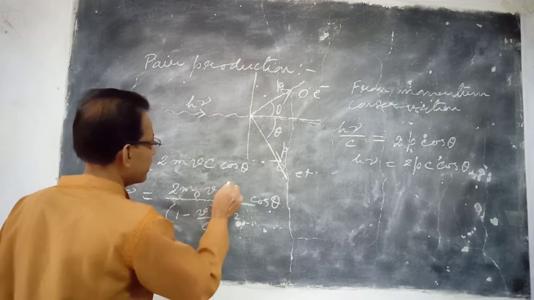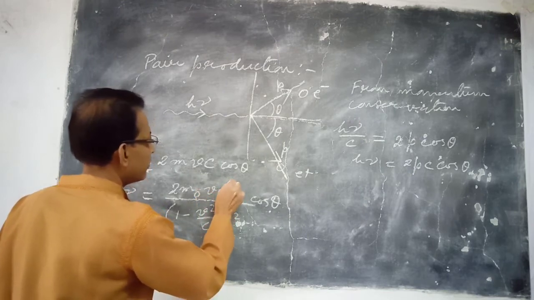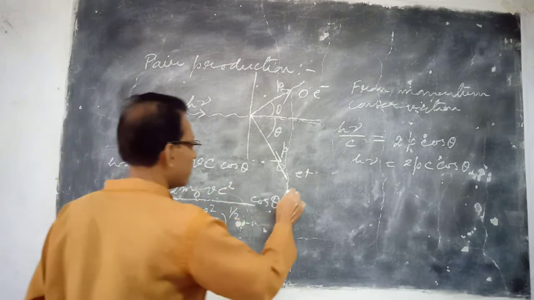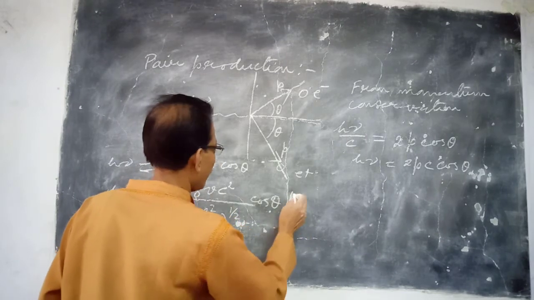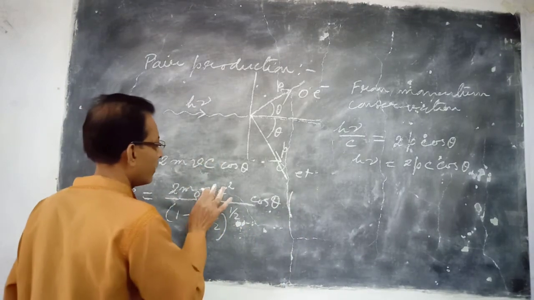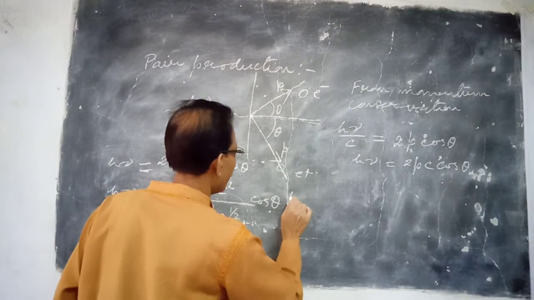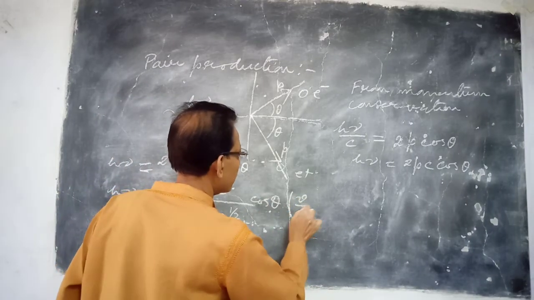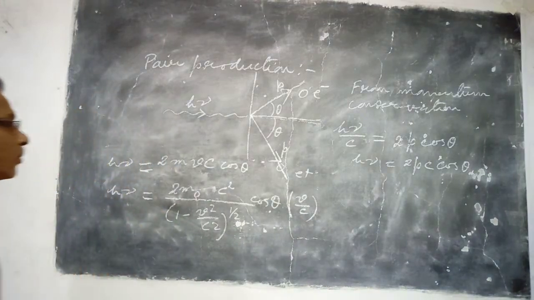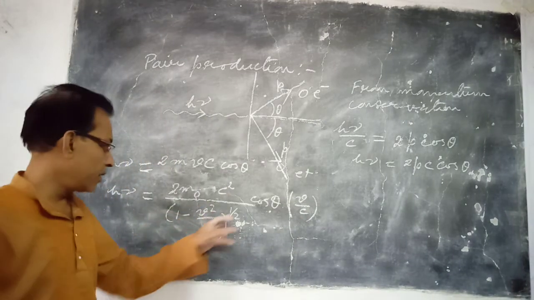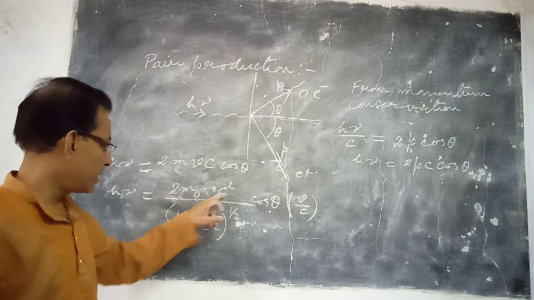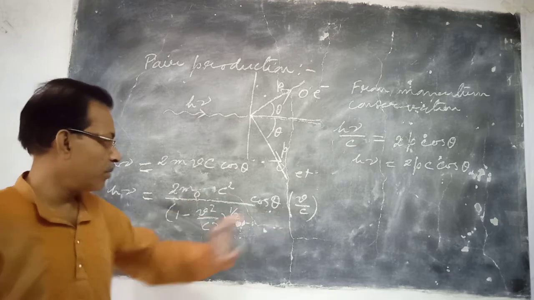If we write it in this form, twice m0 c square by this quantity, into cos theta into v by c.